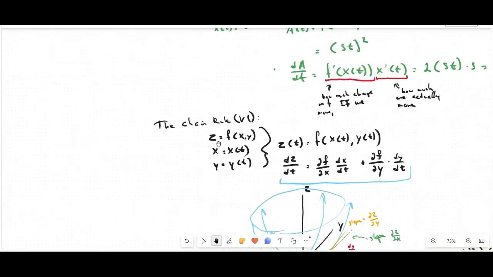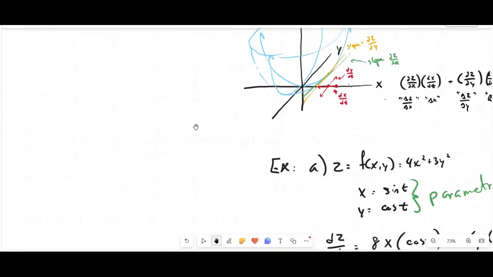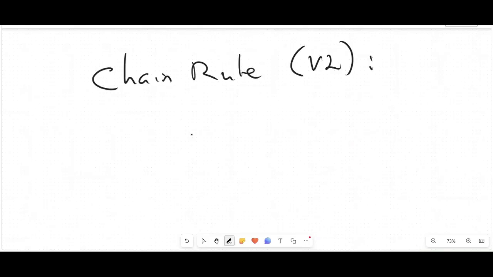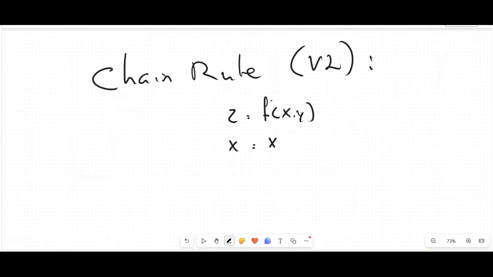Z is a function of x and y, and x and y are each functions of t. Now I want to do z is a function of x and y, but x and y are each functions of two variables. Here they usually use the letters u and v.